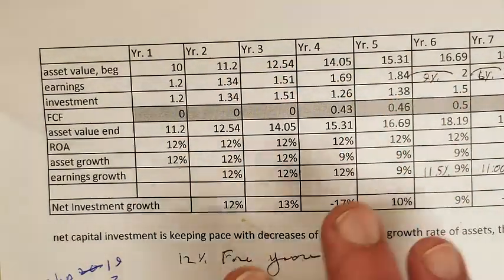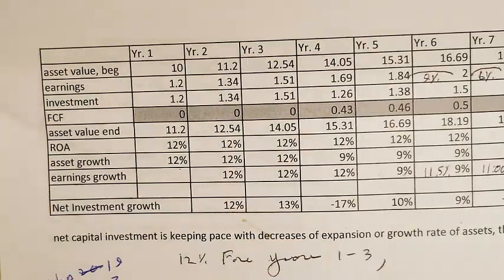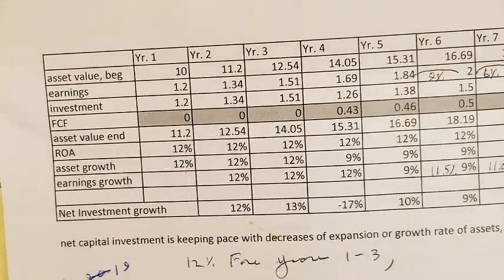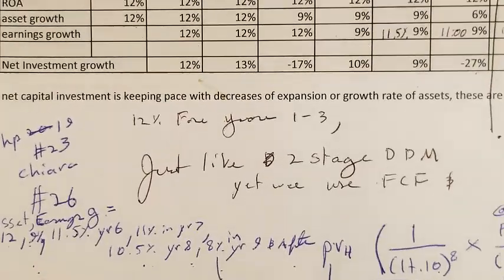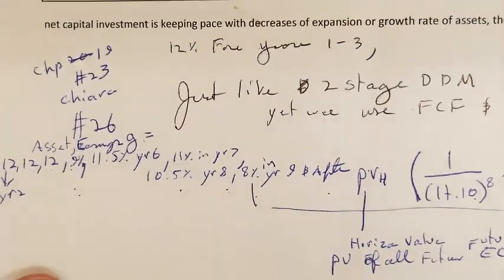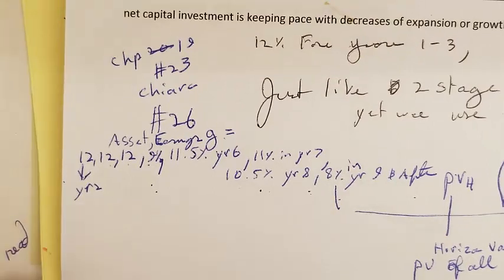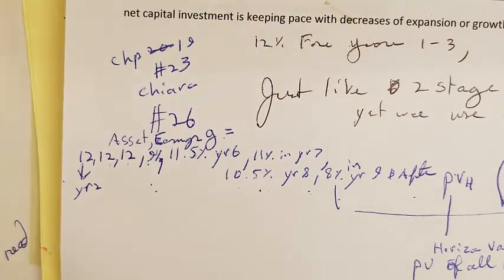But just so for those that did the homework, what I am interested in so that we can get this moving forward. You know, basically what they're saying in number 26 is, along with the original assumptions, the only changes that are made are that in years 2, 3 and 4, you've got 12% growth, right? Asset and earnings growth.